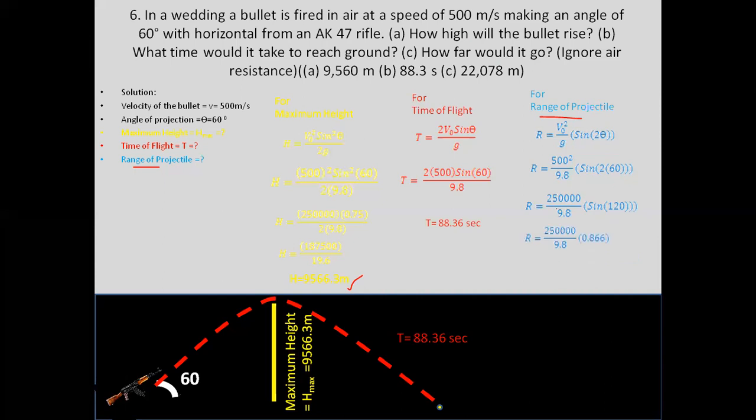The range is 250,000 multiplied by 0.866, which is the sine of 120, divided by 9.8. The answer is 216,506.35 divided by 9.8. So the range is calculated to be 22,092.48 meters, which is approximately close to our required values.